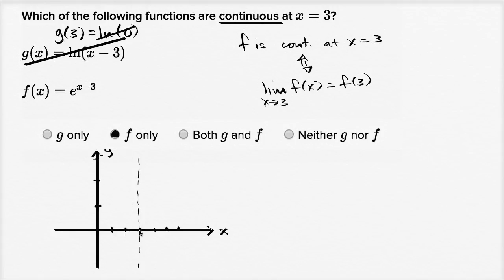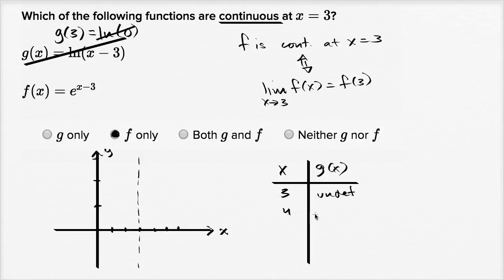If you put 3 in it, it's not defined. If you put 4 in it, ln of 4 minus 3. Actually, let me just draw a table here. I know I'm confusing you. So if I say x, and I say g of x, at 3, you're undefined.